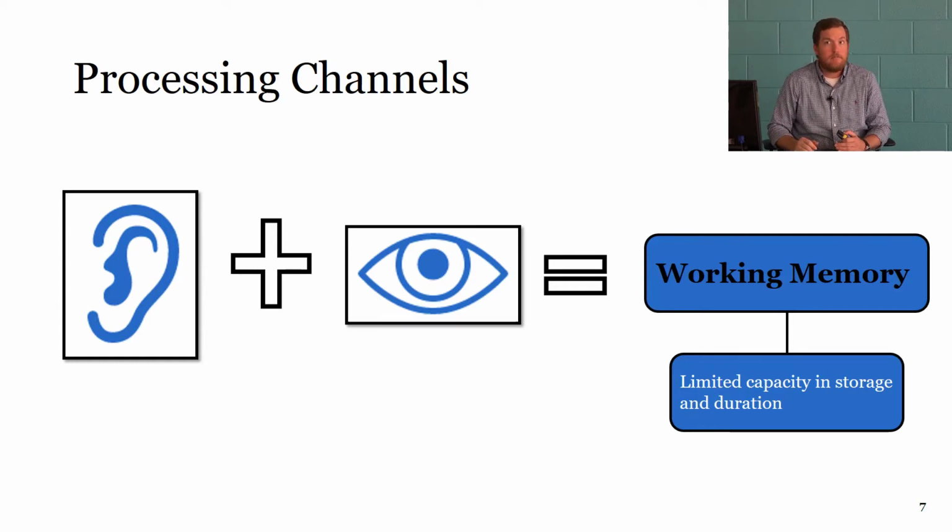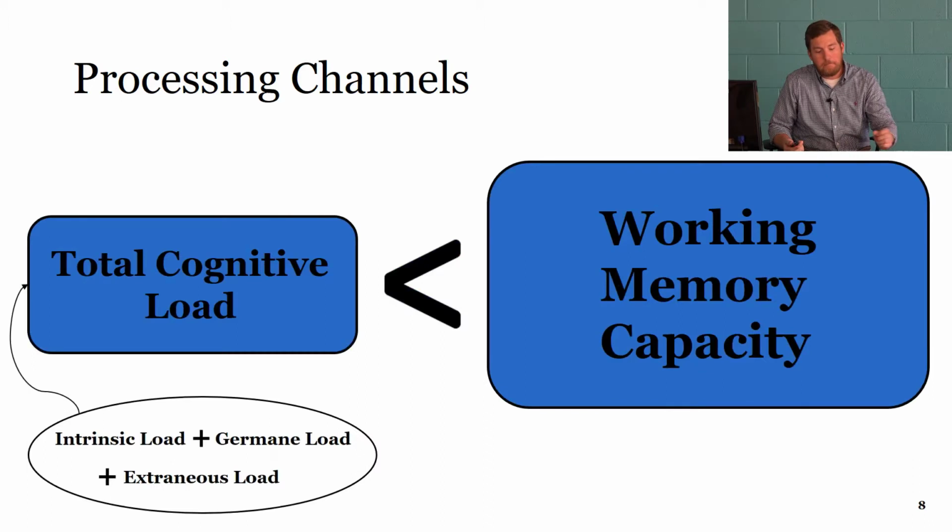So if you're teaching the second part of the course, the working memory capacity is going to be a little bit greater. If you're teaching a junior student, that working memory is going to be greater than a freshman student, and so on and so forth. But still, we all have limitations on our working memory. There's only so much that we can take in and hold there for a certain amount of time.